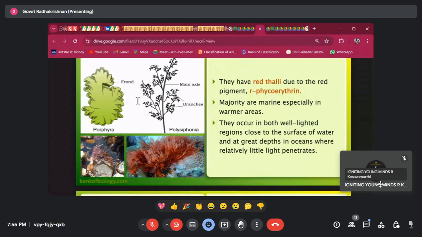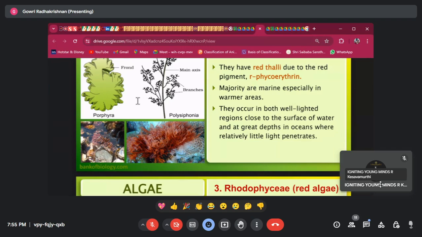They occur in both well lighted regions close to the surface of water and at great depths in the ocean where relatively little light penetrates. So in both well lighted regions you can find such plants, and deep down also, where not much light penetrates, there also you can see these algae.